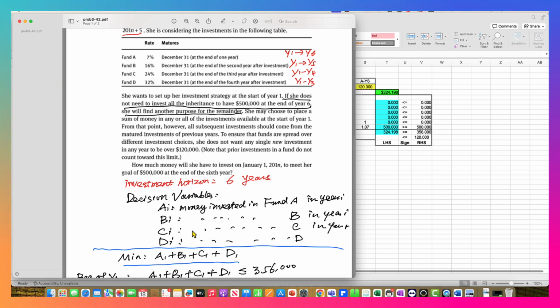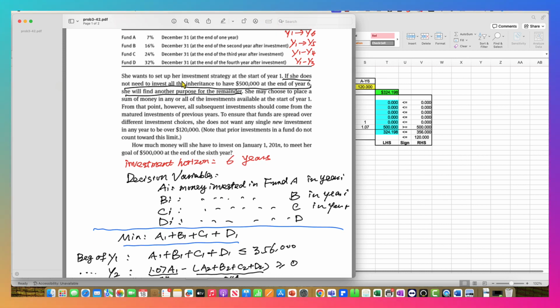First of all, define the decision variables. AI represents the money invested in Fund A in year I. Similarly, BI represents money invested in Fund B in year I. The objective is, given the description of the problem, if she does not need to invest all the inheritance to have $500,000 at the end of year 6, she will find another purpose for the remainder.